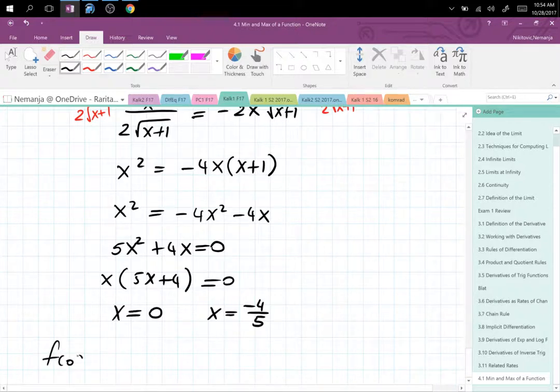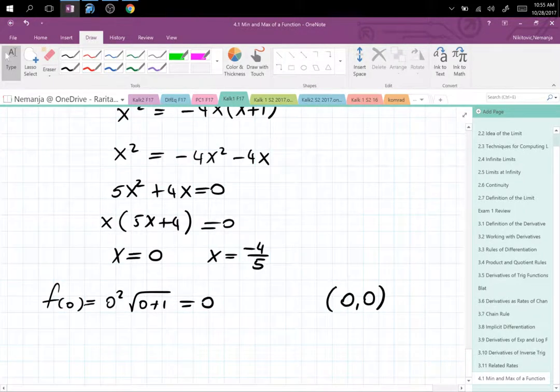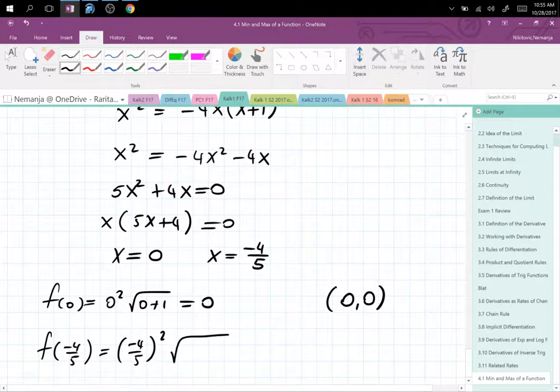So f of 0 is 0 squared times the square root of 0 plus 1, which is 0. That gives us the first critical point, (0, 0). And then f of negative 4/5 is negative 4/5 squared times the square root of negative 4/5 plus 1.